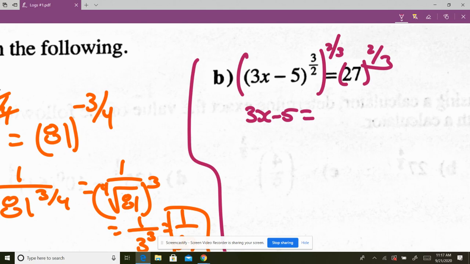What root are we doing? Third. Yes. The third root of 27, which is what? 3, all raised to the power of 2, which is 9. Now I got 3x minus 5 is equal to 9.